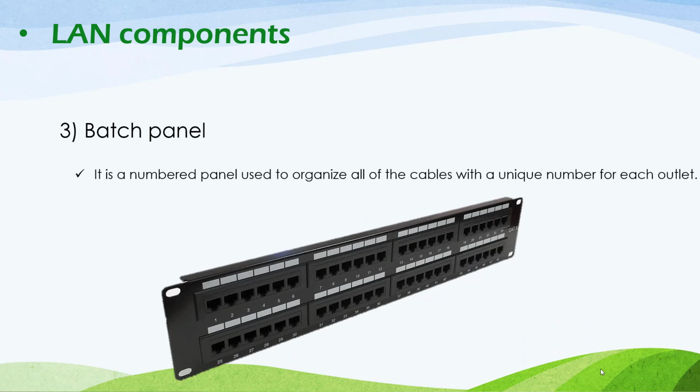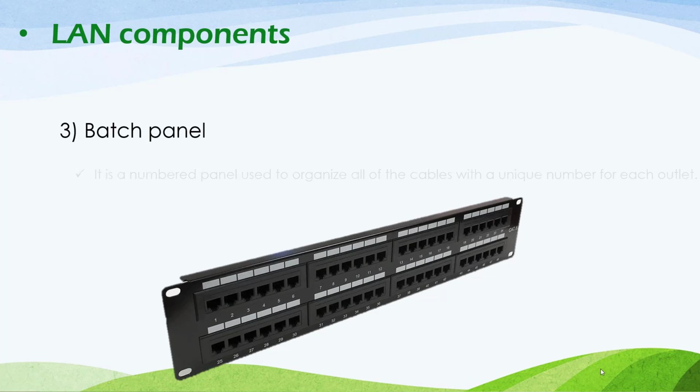So the patch panel helps us also to organize the data system by giving each cable and each device a certain number. And for the capacity of those patch panels, the most popular capacities are 12 ports, 24 ports, and 48 ports. So it can be connected to 12 cables, 24 cables, or 48 cables.